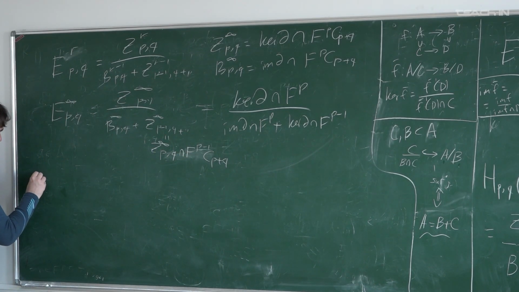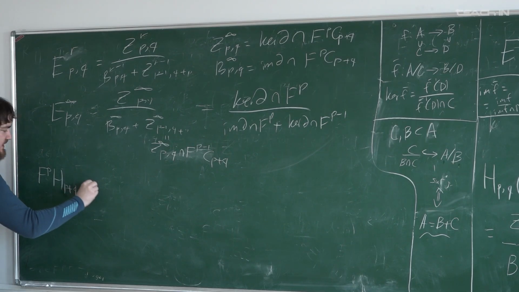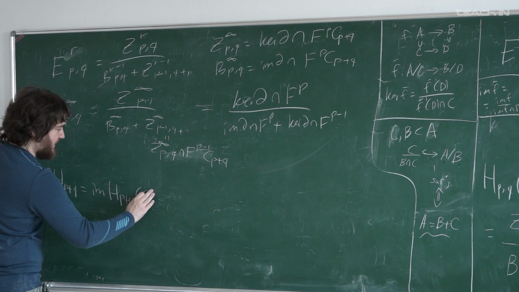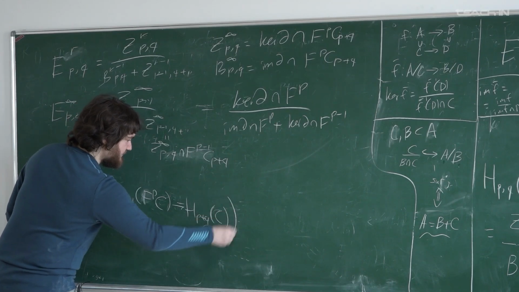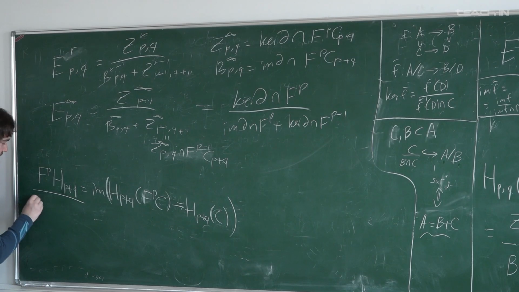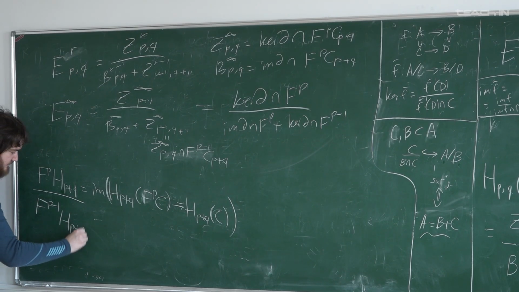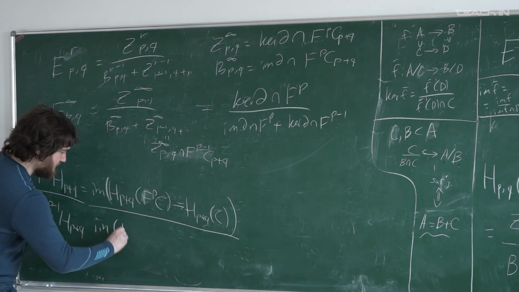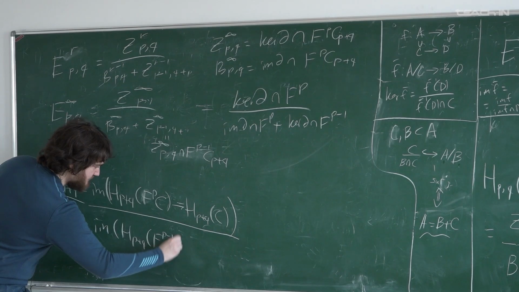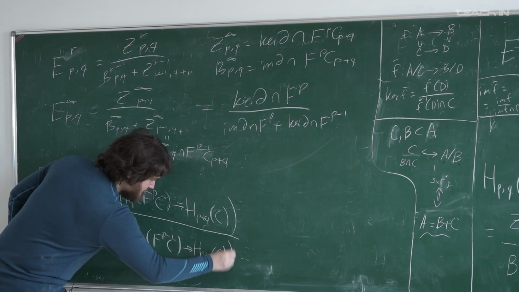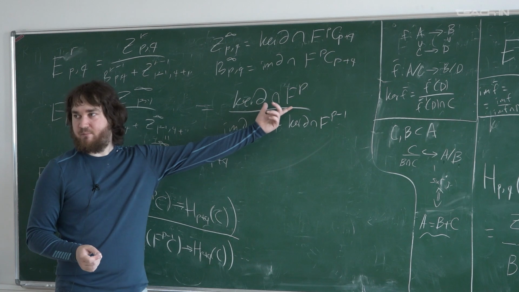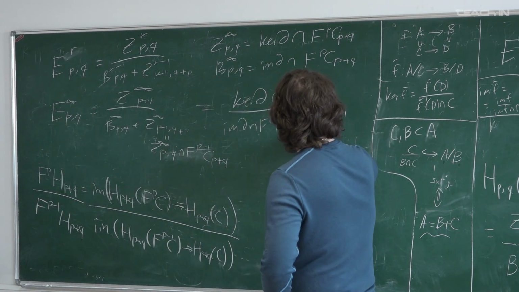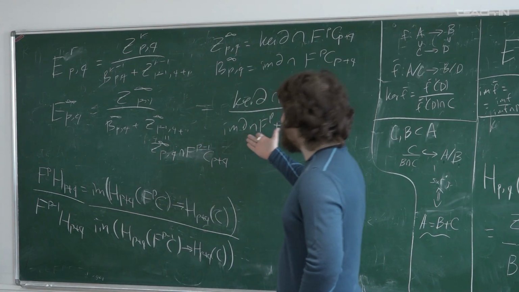So I recall that in homology I have an induced filtration. So F_p of my H_{p+q} homology is the image of the P filtration, and I want to consider the quotient by F_{p-1}. It is represented by some kernel of my P filtration, modulo the kernel of the previous filtration, and modulo images, because it's homologies.